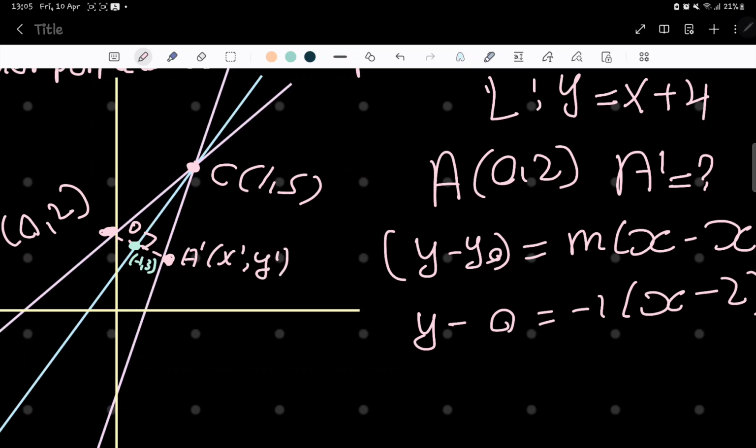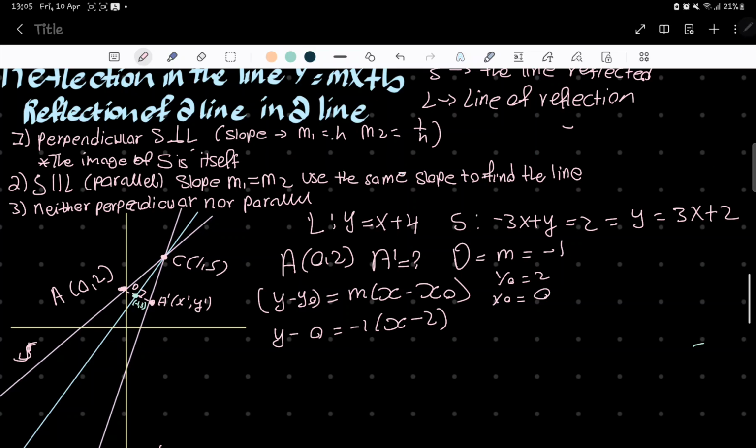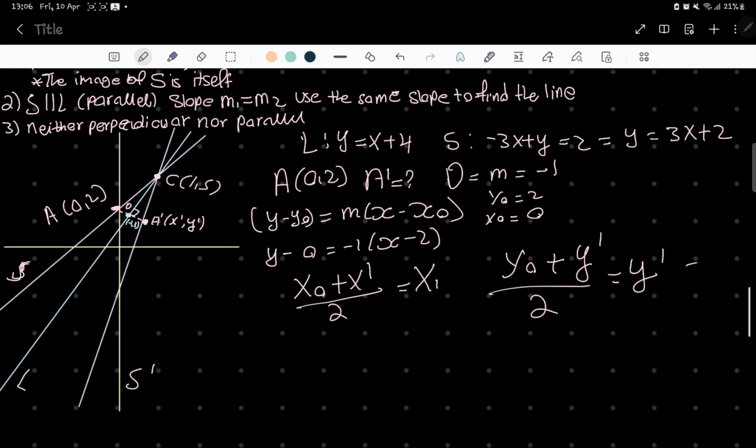This is what we need to find in order to find the equation of our reflected line. So the next step is we're going to set up this equation, which we saw in the last video, and for y it's going to be the same thing, but just the variable changes.